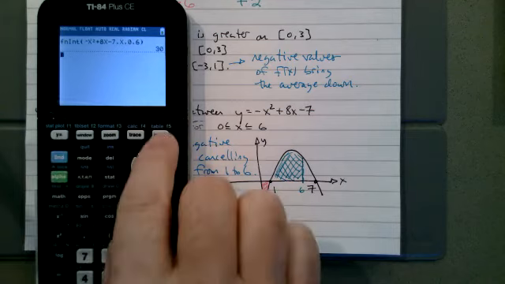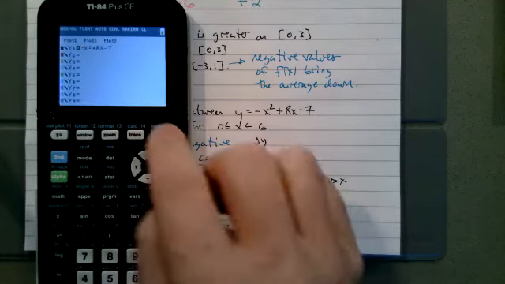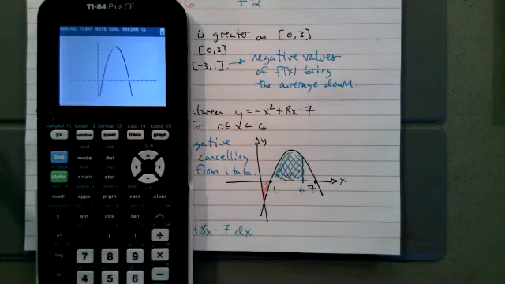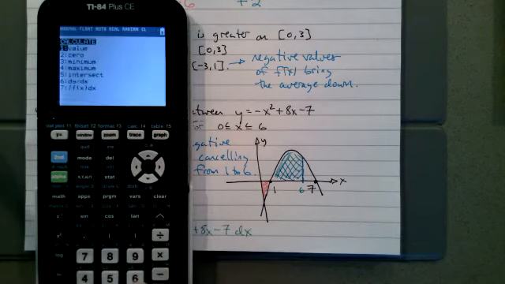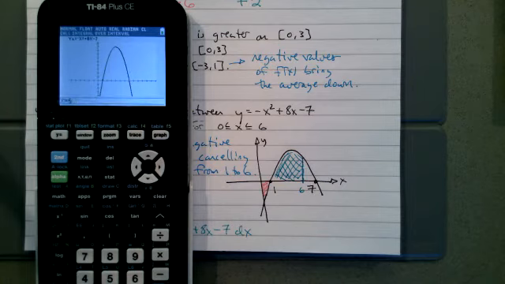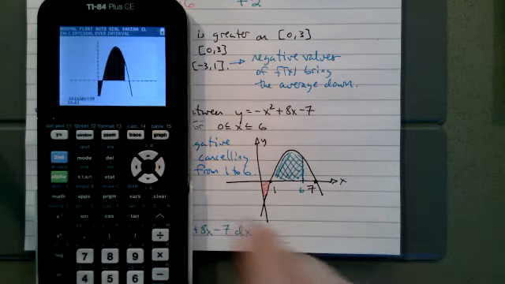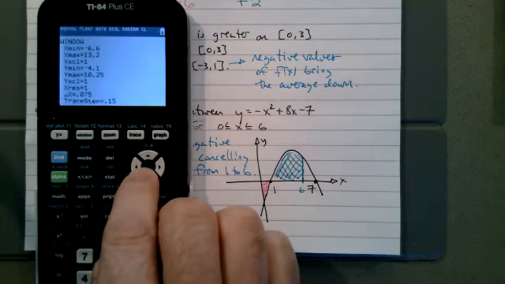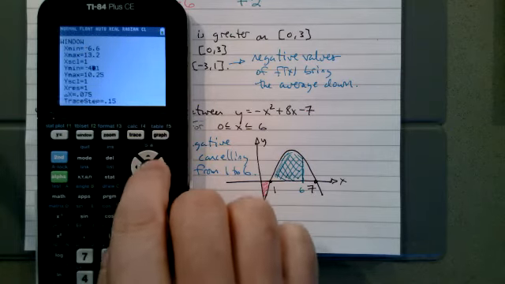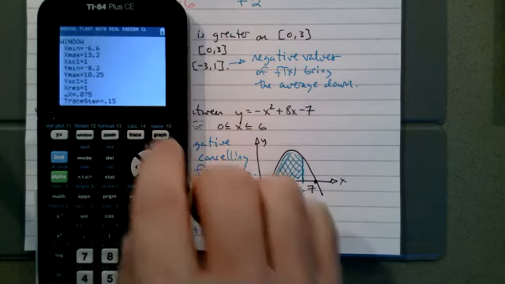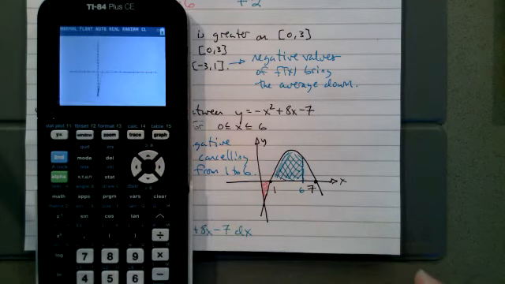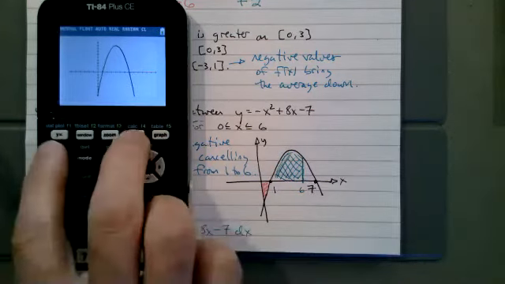But if we look at the graph and calculate the integral from 0 to 6, there's some negative area and some positive area, and then it stops before it gets back to the x-axis.